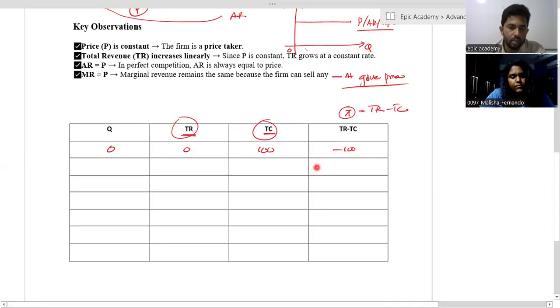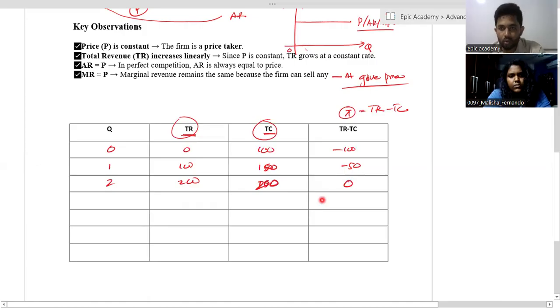So then decide to increase the production by one unit and earn 100 rupees, and the total cost is 150. So what happens? It is minus 50. Increase the production to two units and earn 200, with the total cost at 150 plus 50. So what happens?